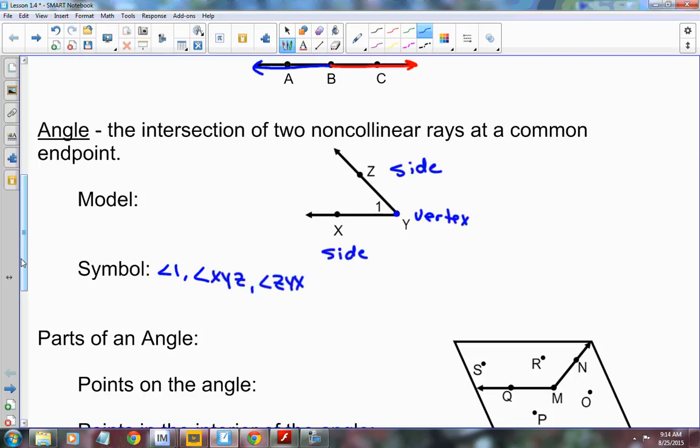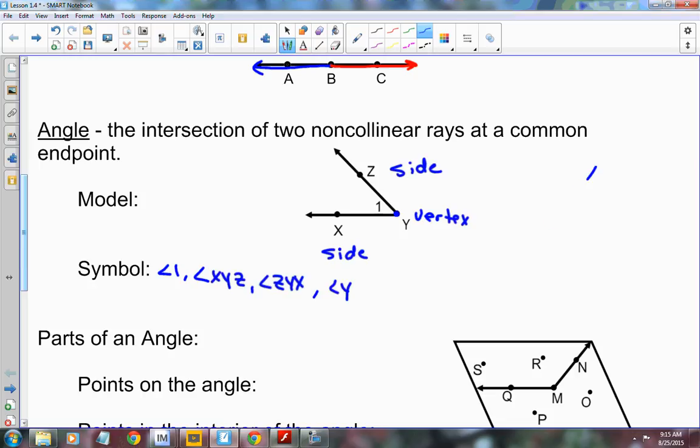Now, there's a third way that you can do it, and sometimes you can name the angle just by its vertex, angle Y. But I say sometimes you can do that, and the reason it's sometimes is if there is more than one angle at that vertex, then you can't use that method.